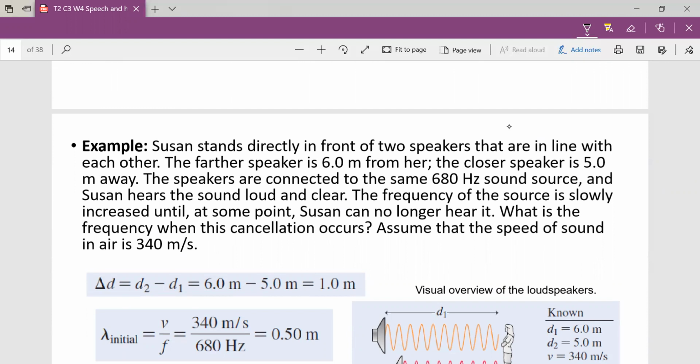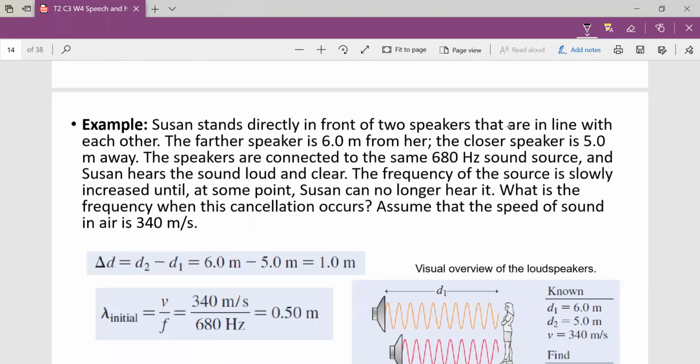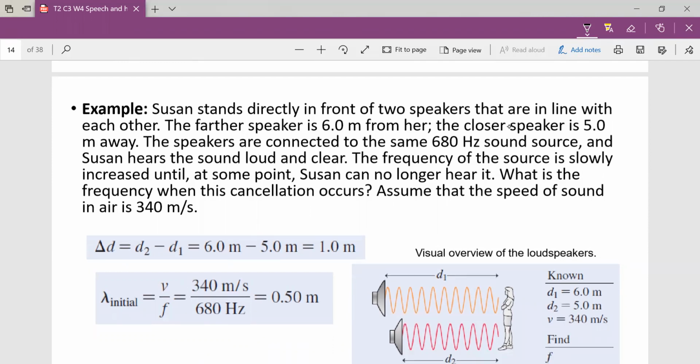So Susan stands directly in front of two speakers that are in line with each other. The further speaker is 6 meters from her, and the closer speaker is 5 meters away. The speakers are connected to the same source of sound of frequency 880 Hz, and Susan hears the sound loud and clear.